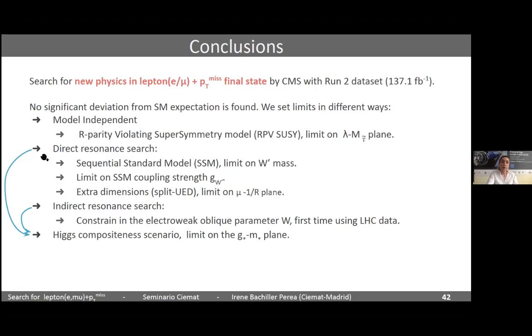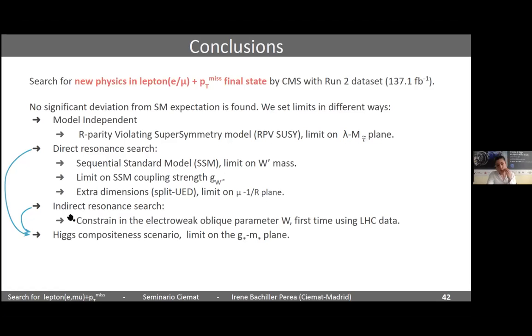The second way is a direct resonance search. So we search for a resonance in different models, either a sequential standard model with the W prime, on the coupling strength of the W prime, and in a model of extra dimensions. And we set limits in the plane of mu 1/r.